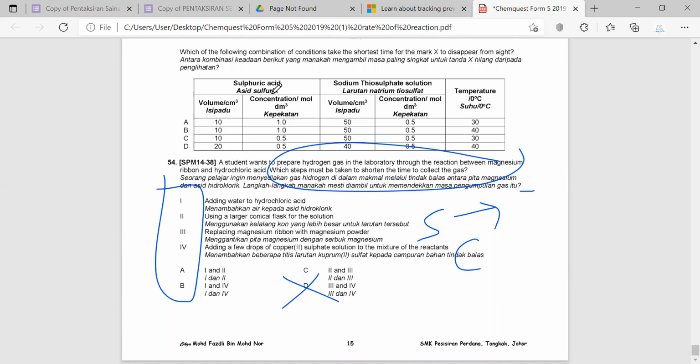What are my 5 factors again? Size, concentration, temperature, catalyst, pressure. Okay, pressure we don't really see. So number 1, add water, is not there. Large conical flask is also not in my factors. So cannot.